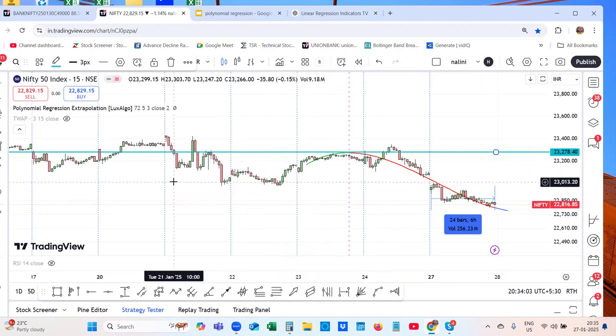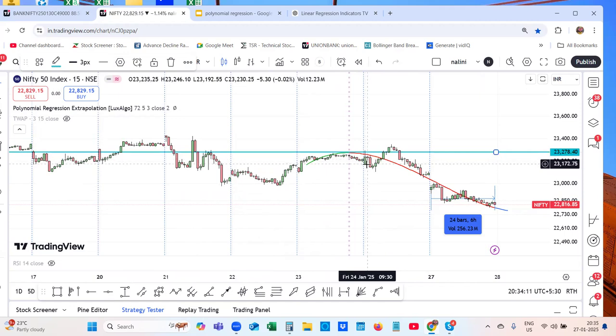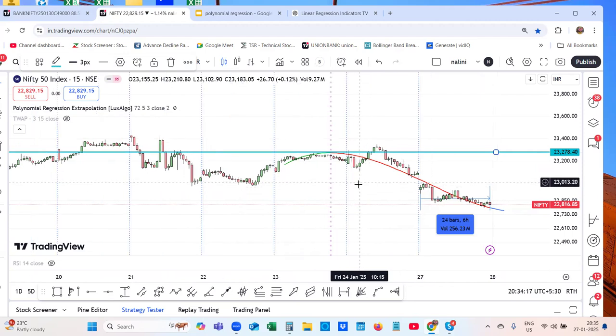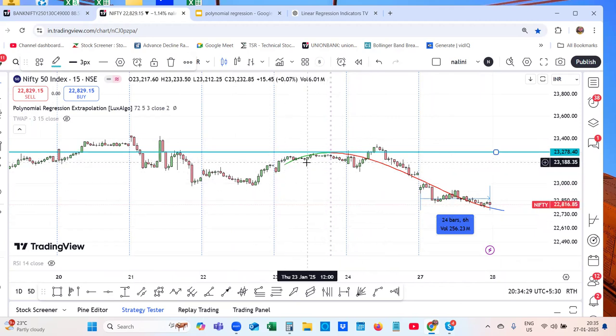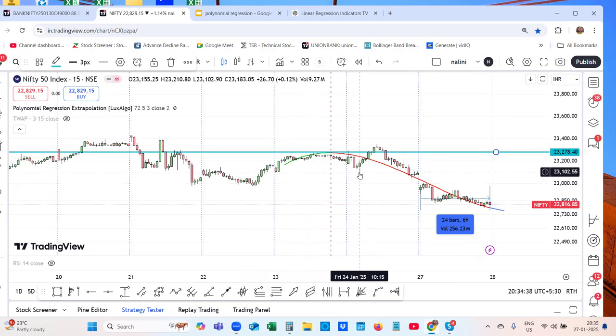The beauty of this indicator is that it has been coded for green changing to red. So as a price action trader, you are not going to take the trade immediately. For example, on Friday, what happened? The market on Thursday, this is Thursday, showed some sort of weakness and came down. Around 10:15, it rallied, right?